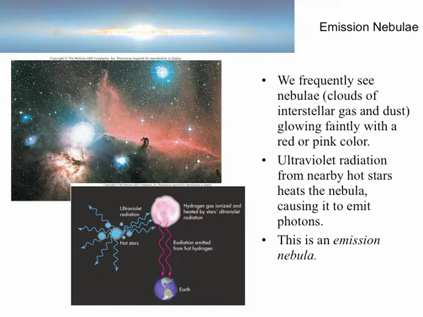And some clouds actually heat up because of nearby stars, and they can actually give off radiation then, instead of, we think of them as cold and more like absorbing radiation. But if they become excited and heated, they can actually give off radiation, and this is called an emission nebula.